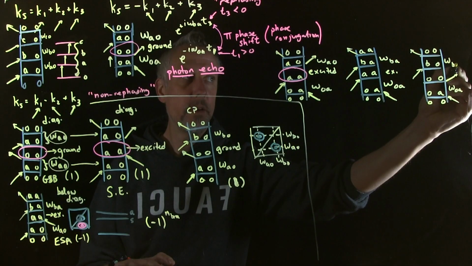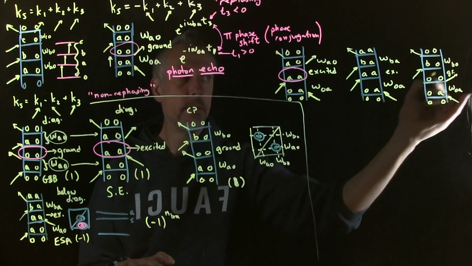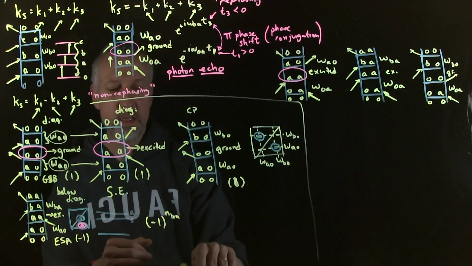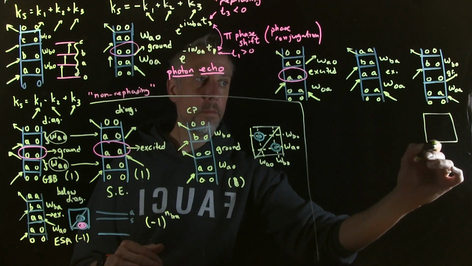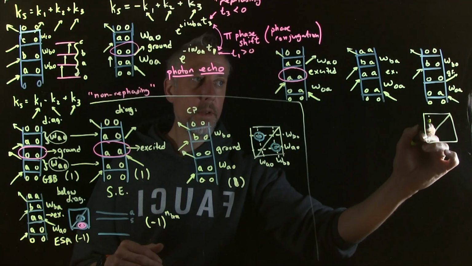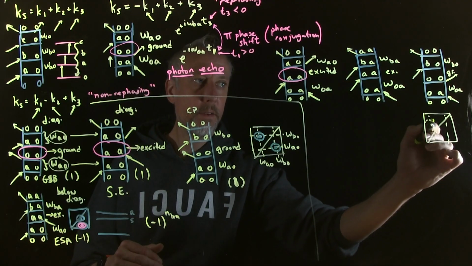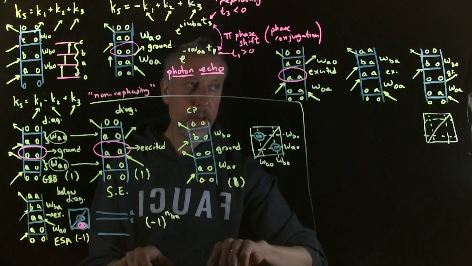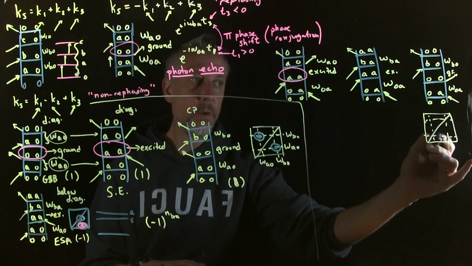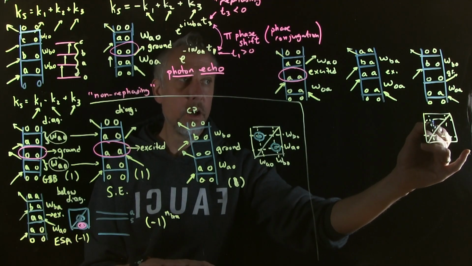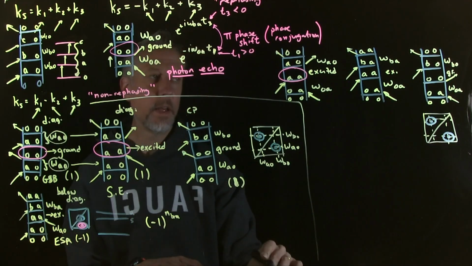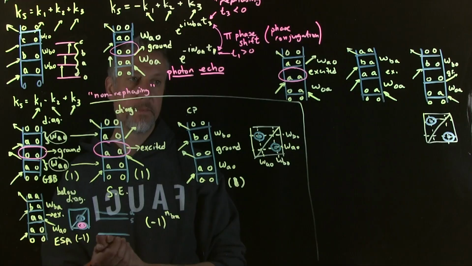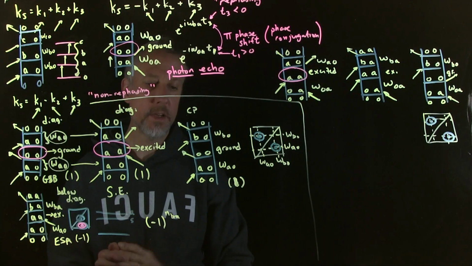Frequency omega B0, and we're on the ground state in the middle. This corresponds to a cross peak, exactly the same way as it did in the non-rephasing case. Here we've excited 0A. Let's say A is lower, so that means we get the peak over here. And then we can, of course, get the opposite one when we switch A and B. Right, so these are cross peaks.